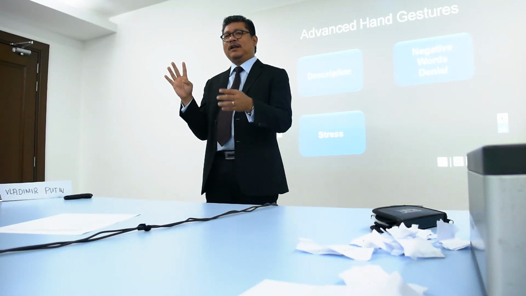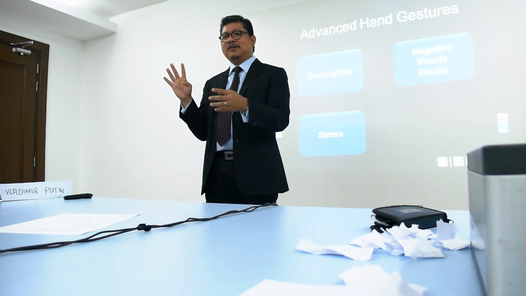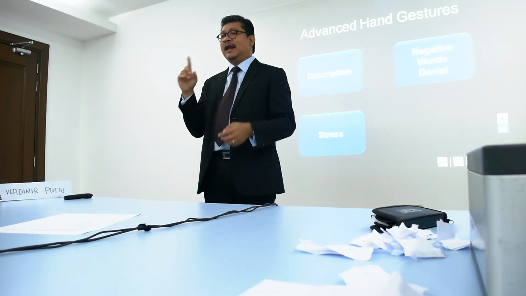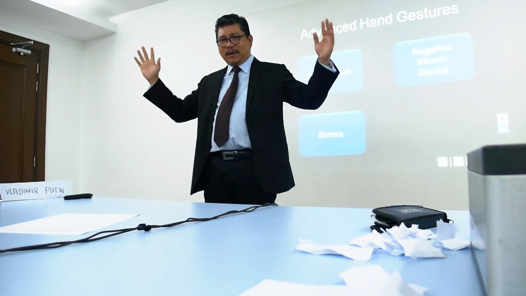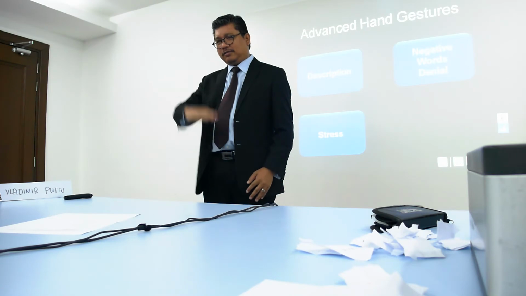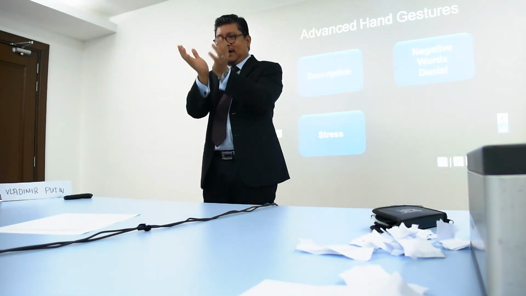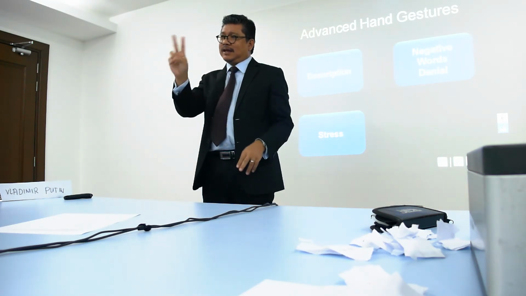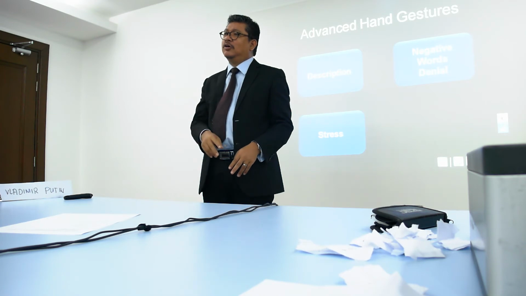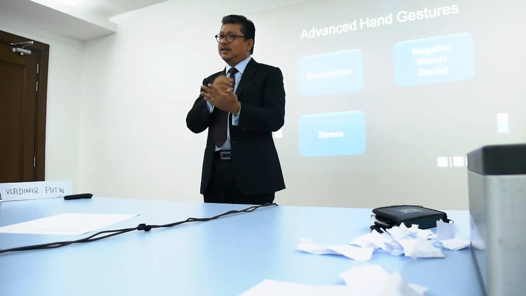So let me tell you what those gestures are. Let me repeat them for you. Number 1, when you describe things, big, small, short, tall, huge, round, triangle. The second one is when you want to stress important keywords and ideas. You can either slap, chop, punch, or point.